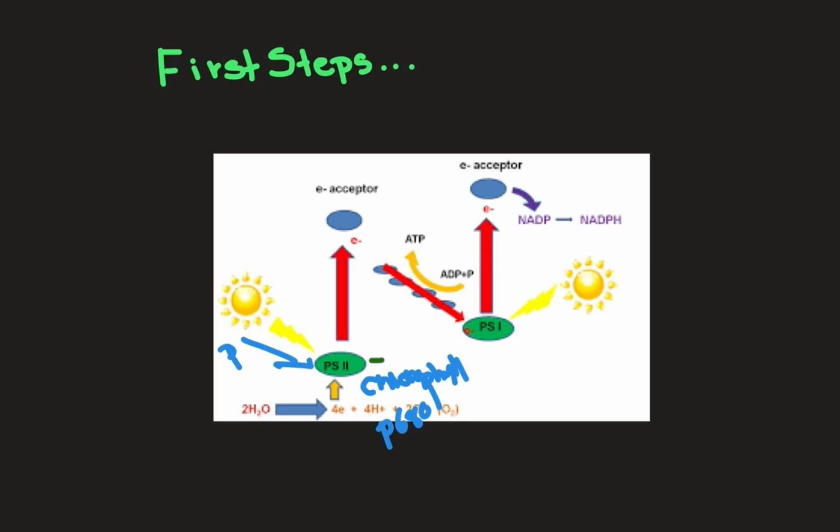Because of this, H2O is also lysed. So we have two of them that then turn into 4 electrons that will go up into the electron acceptor right here. And we have 4 H ions that will also be used in the reaction. And we have just the waste from the O2 that was left behind.